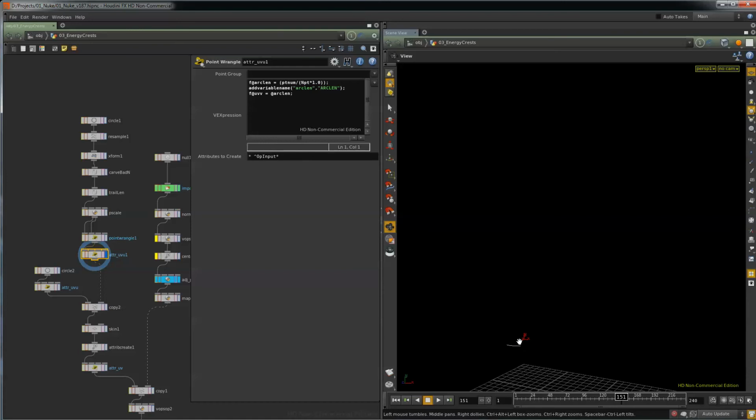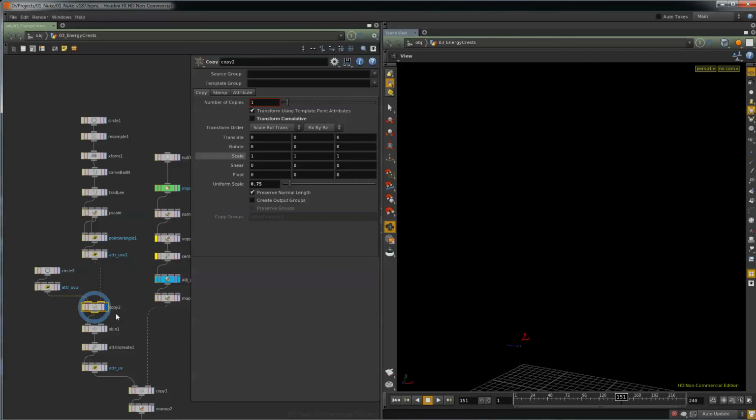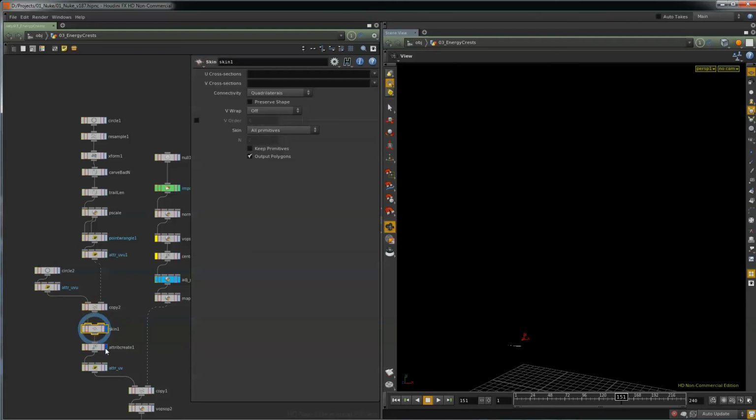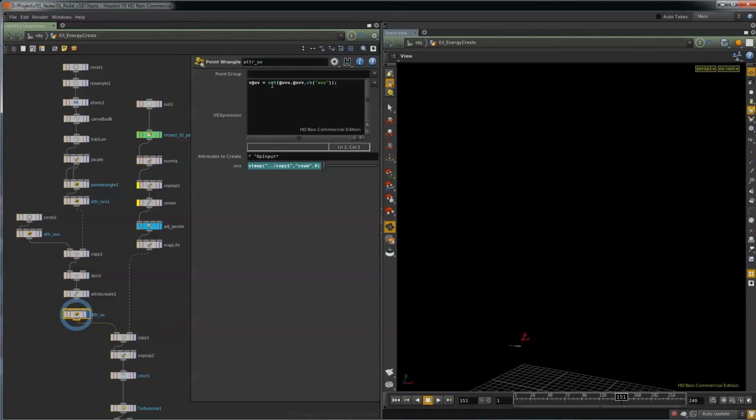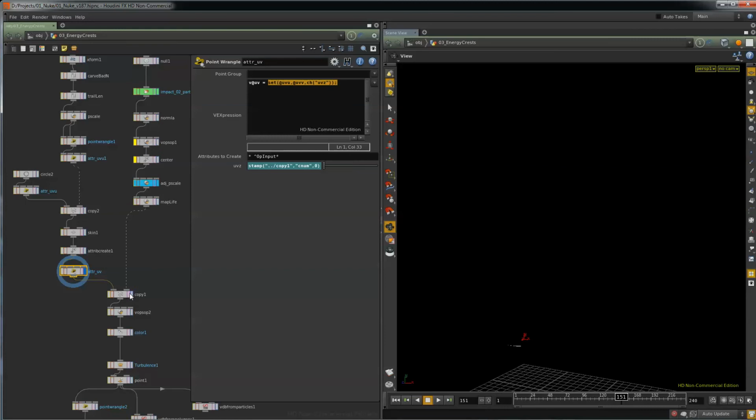I have an attribute that goes around, and an attribute that goes along the curve. I make this thing: I copy some circles to it, I skin it, I have my geometry, I put my P scale on it, and I set my UV attributes, which I inherited from the top there. And then I copy it onto each one.